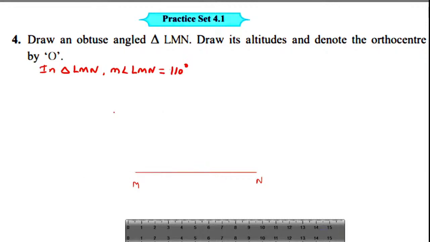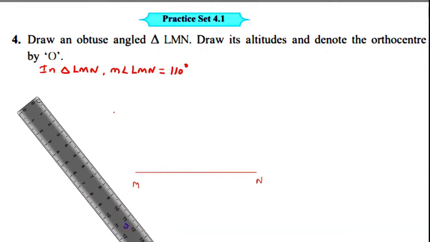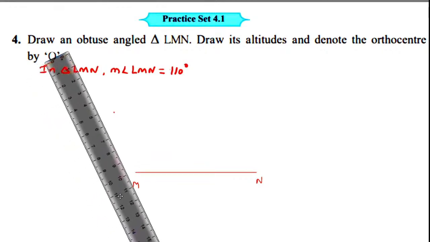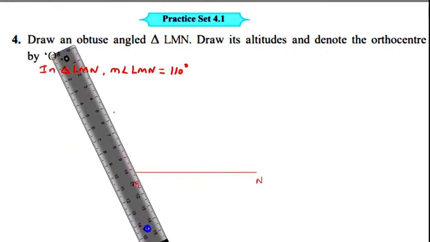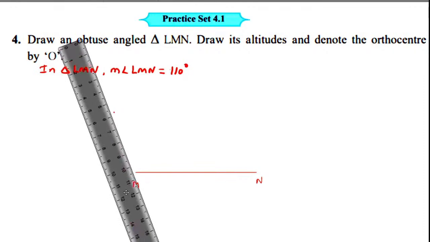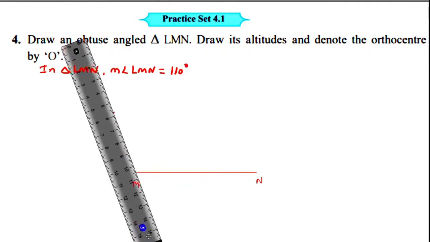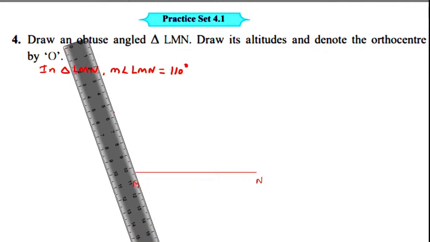Remove the protractor and draw the ray from point M through the point at 110 degree with the help of a ruler. We know that the orthocenter of an obtuse angle triangle is outside the triangle. So extend this line on both the sides.